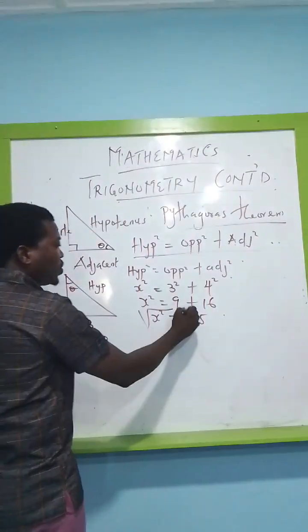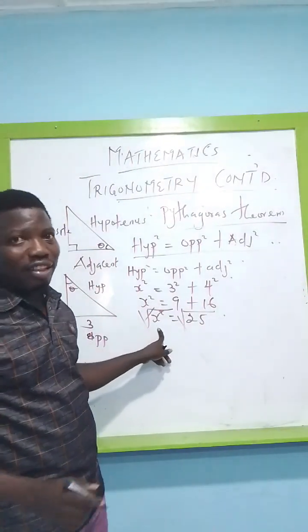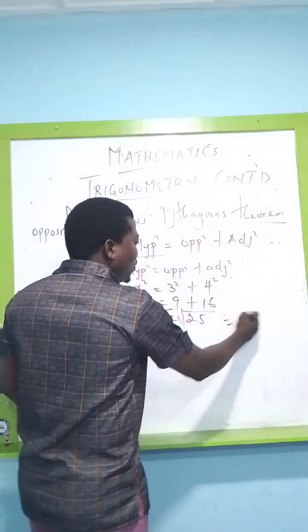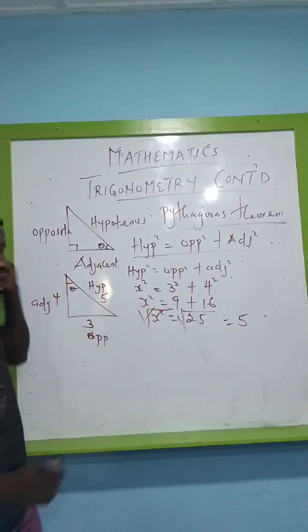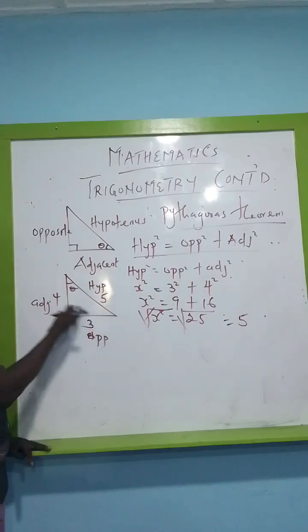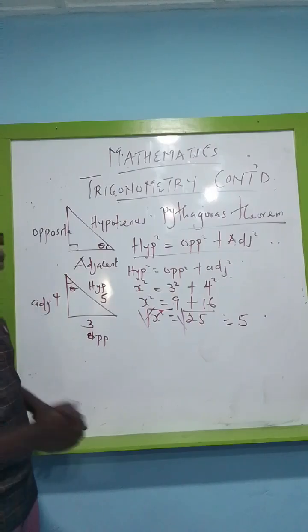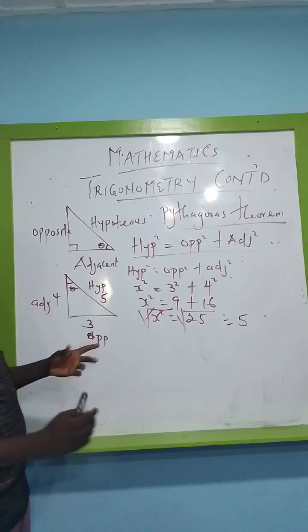I'm going to root both sides. The root and the square cancel, this is the law of indices that we discussed before. The square root of 25 gives us 5. We can say the hypotenuse is 5, greater than 3 and 4, because the hypotenuse is the longest side of a right angled triangle.